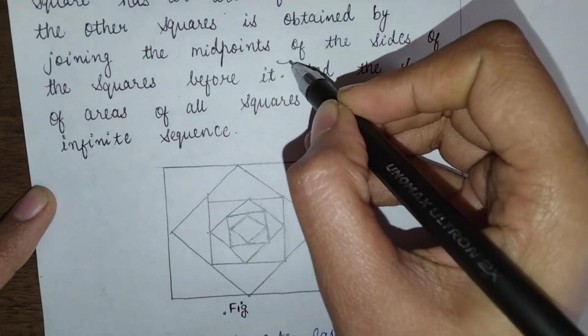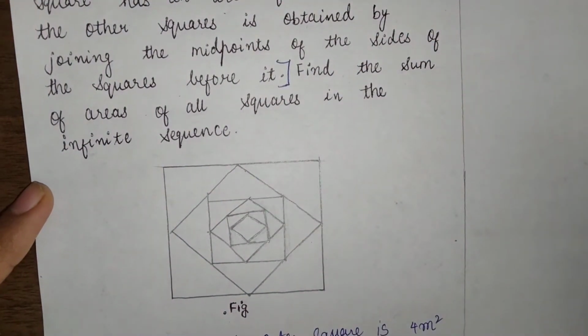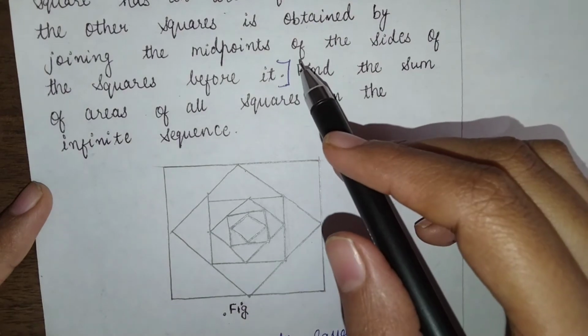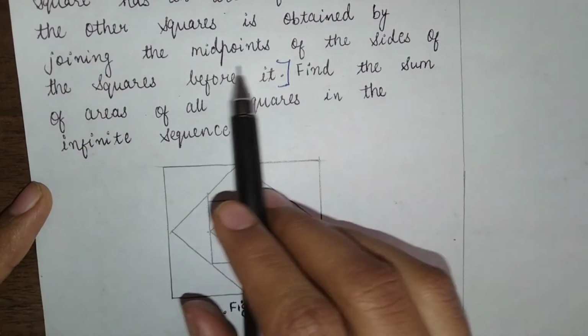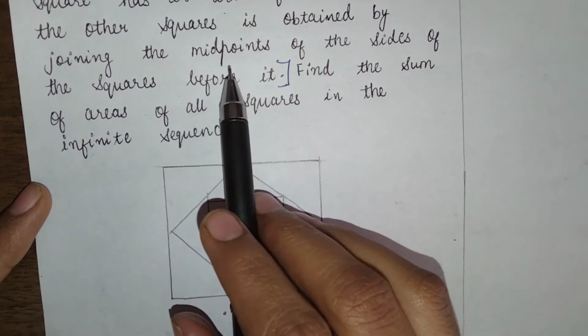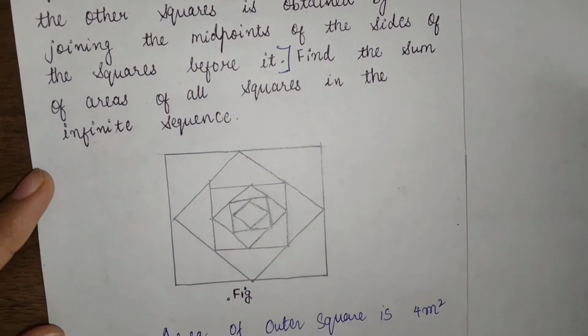This sentence means that the area of each square is half of its preceding one. Whenever we join the midpoints, the area of each square will be half of its preceding one.